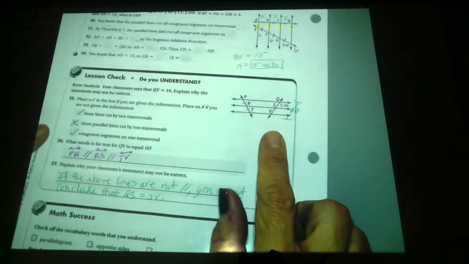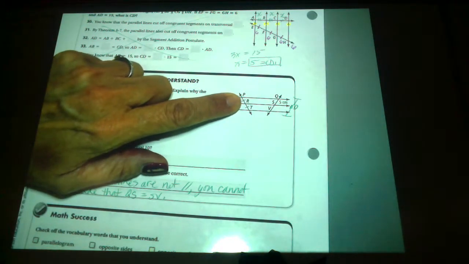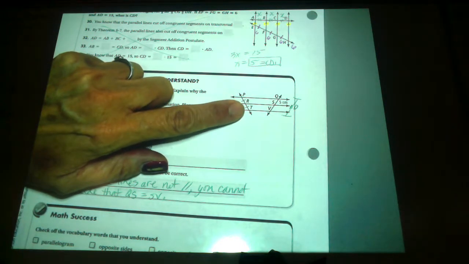I mean, look at the picture here. This one shows non-parallel lines, and we're not told we have parallel lines. Logically, if P to R is the same distance as from R to T, could you have non-parallel lines? Really? Doesn't parallel lines mean that the lines are the same distance apart all the way through?